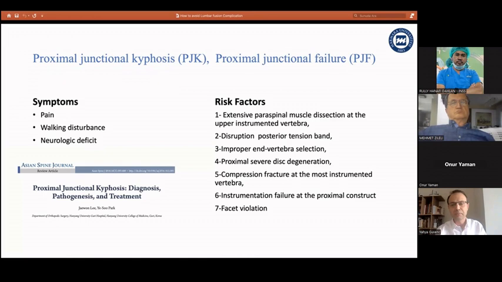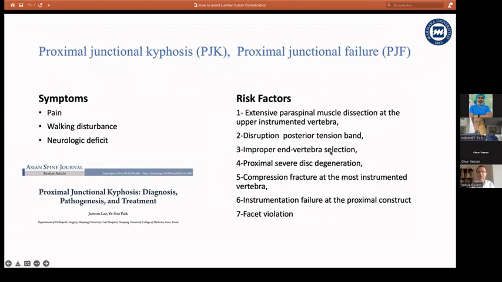For example, extensive paraspinal muscle dissection at the upper instrumented vertebra leads to these complications. We avoid this. Disruption of the posterior tension band, I think, is very important. Improper upper instrumented vertebra selection and proximal severe disc degeneration are important when you stop at the upper levels.